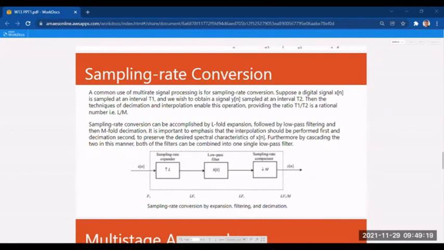So an example of sampling rate conversion will take place when a song from a DVD or CD, for example, is transferred into digital audio.